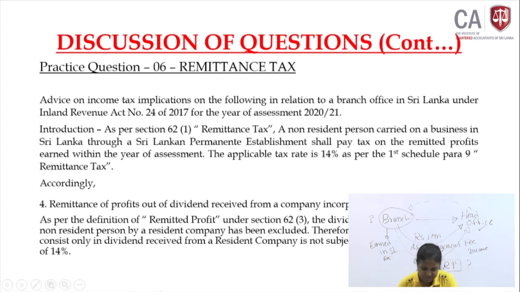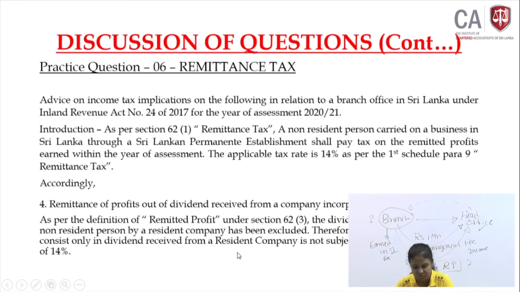Okay, come to the answer. As per the definition of remitted profit under section 62 subsection 3, the dividend income received by the non-resident person from a resident company has been excluded from the definition itself of the remitted profit.